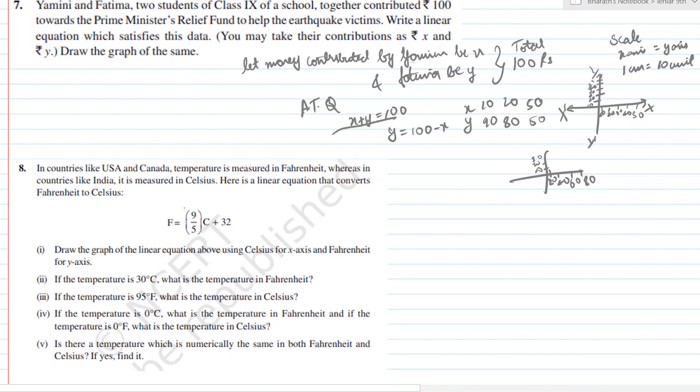Will the x-axis scale be equal to the y-axis? No, because for the x-axis 1 centimeter is equal to 20 units, because 40 minus 20 is 20, and for the y-axis 1 centimeter is equal to 10 units, because 20 minus 10 is 10 units. Done. Yeah, that's all.